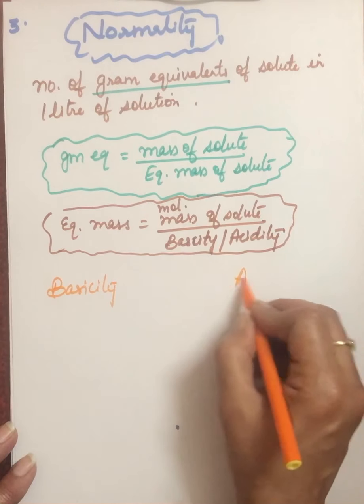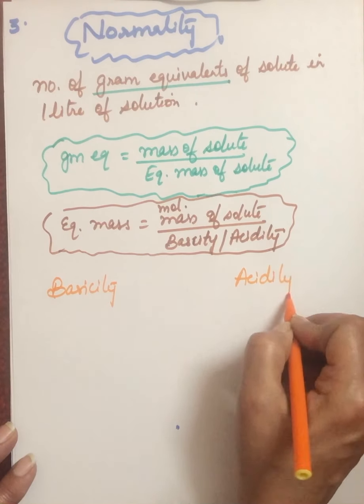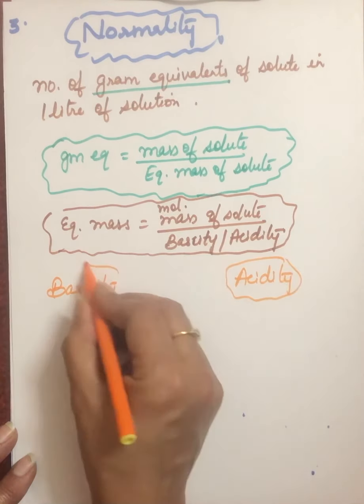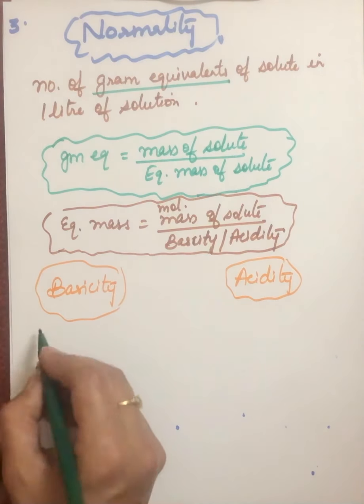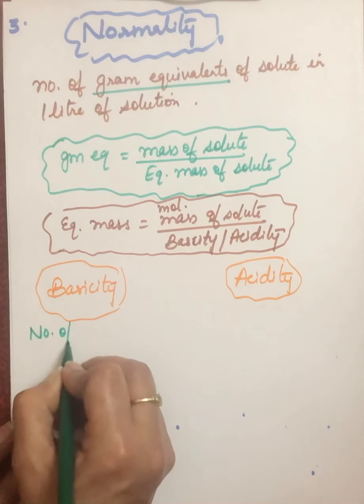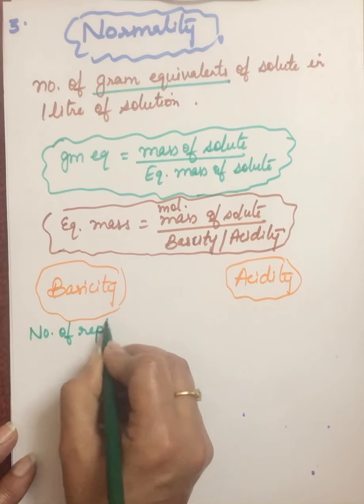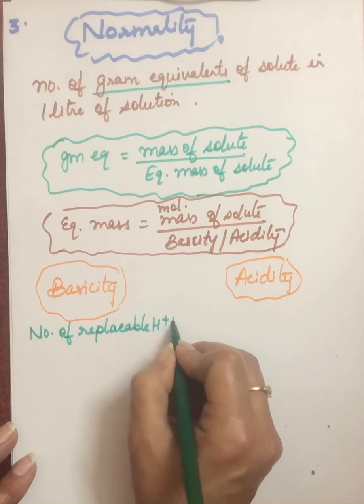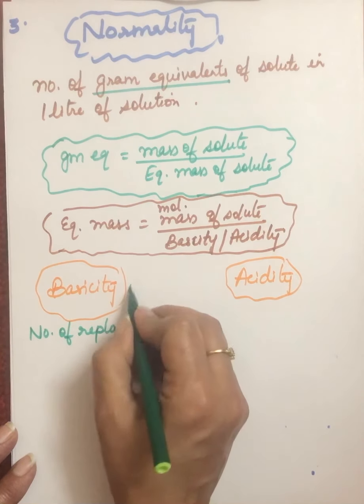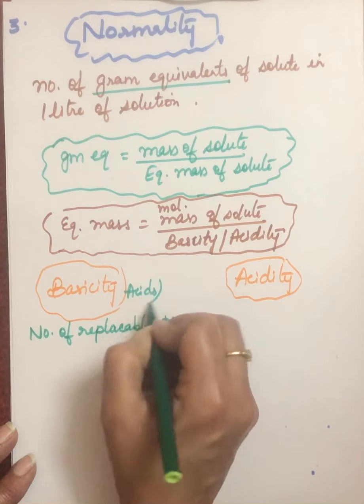Basicity, acidity. Basicity is number of replaceable H plus ions in an acid. Basicity is for acids.